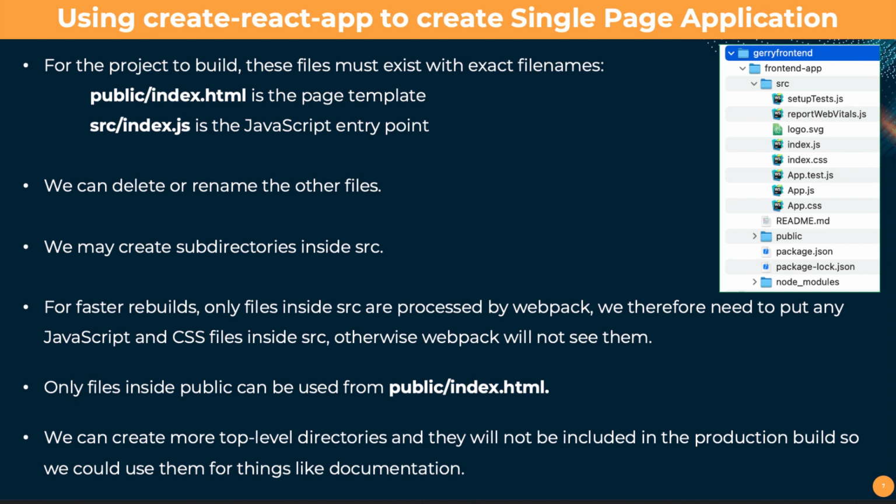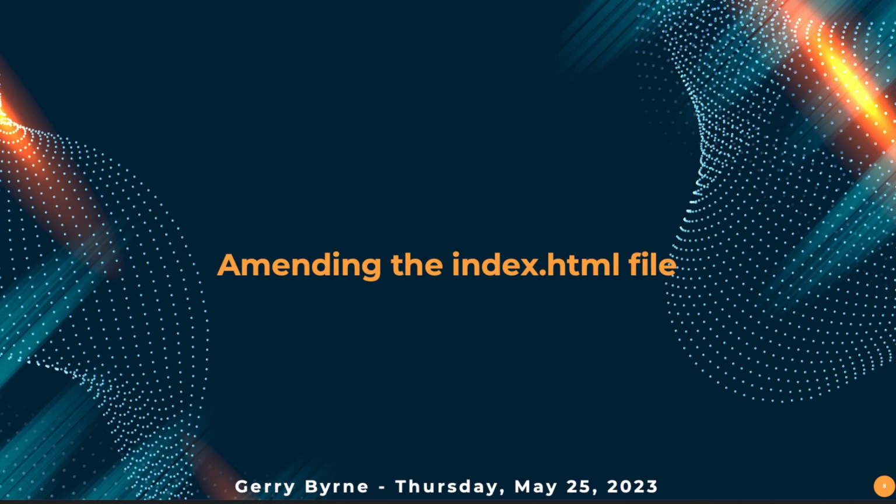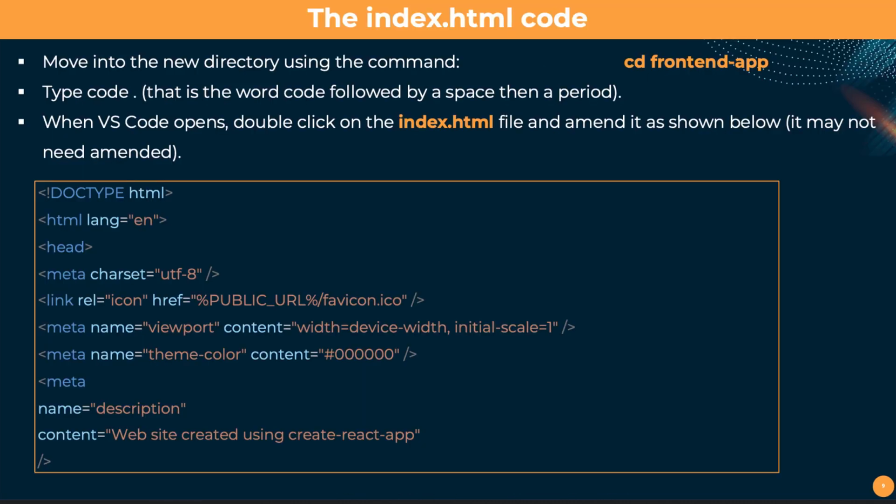So let's have a look first of all at the index HTML. We're going to amend the index HTML if we need to. When we open the index HTML, it'll be a normal HTML standard template.